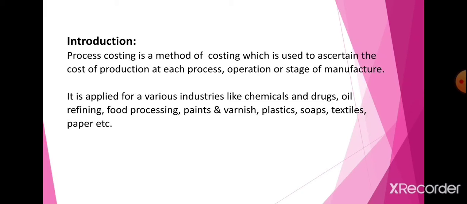The raw material introduced in the first process loses its identity and the output is transferred to the next process. Process costing is used where the production moves from one process to another and its final completion is done, and there is a continuous mass production of identical units through a series of processing operations.